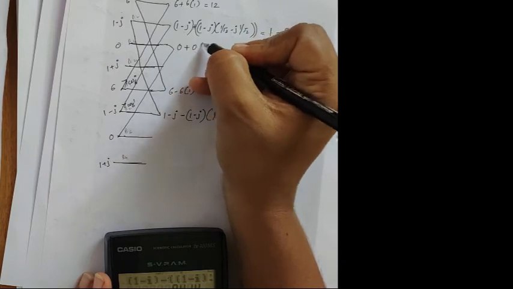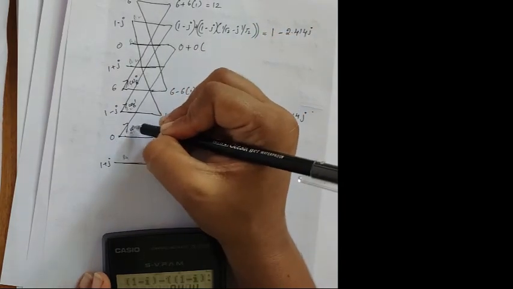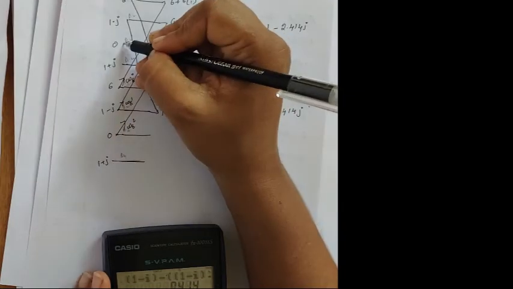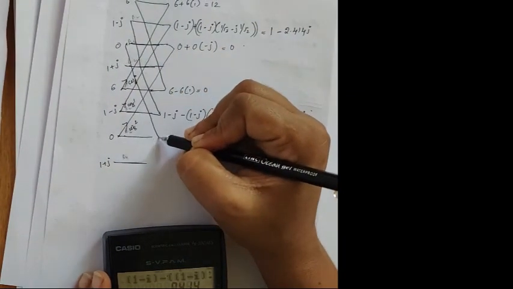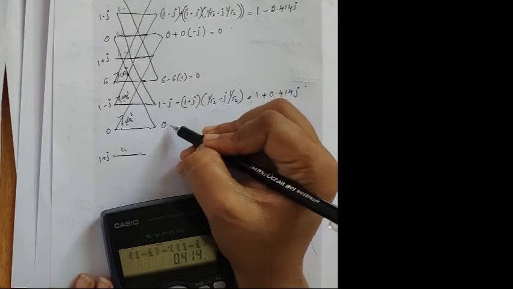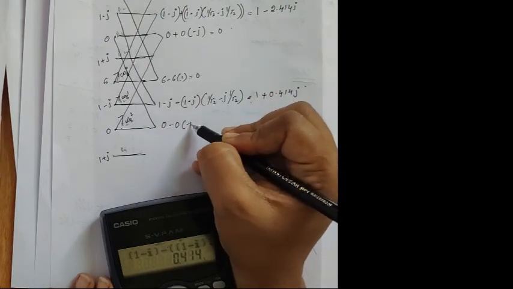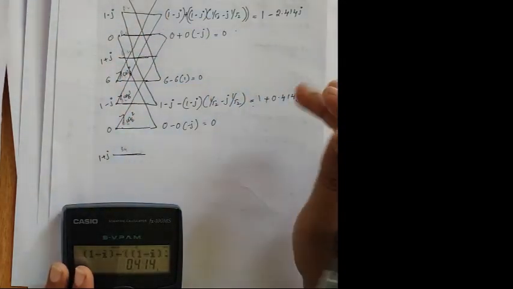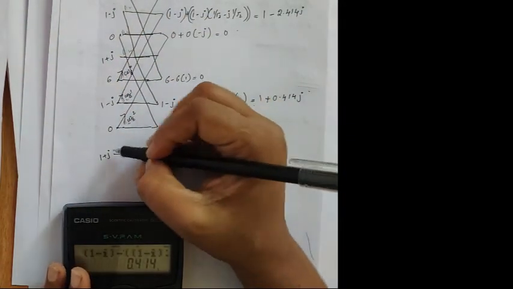So the next step is 0 plus 0 into twiddle factor W8 power 2, that is minus j. You will get it as 0. The same thing when you are subtracting also, you will get 0 minus 0 into minus j, that is also equal to 0. If the term is 0, don't go for doing it, you can directly write it as 0.